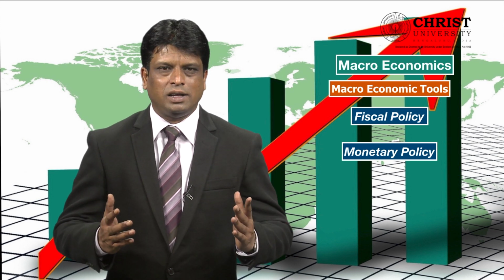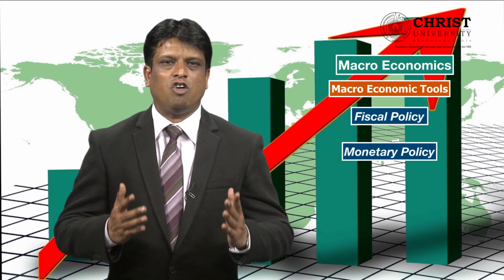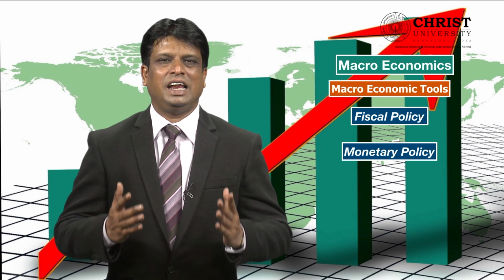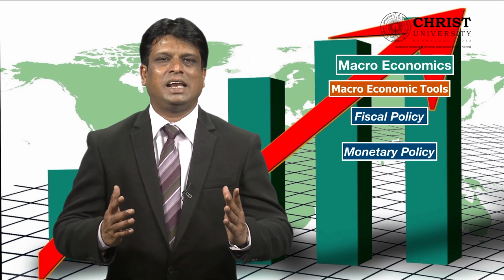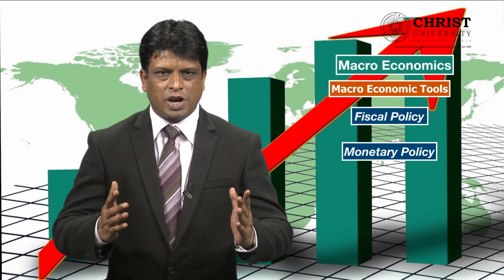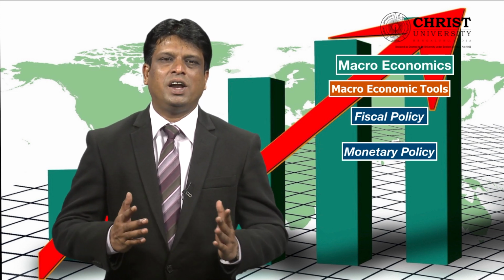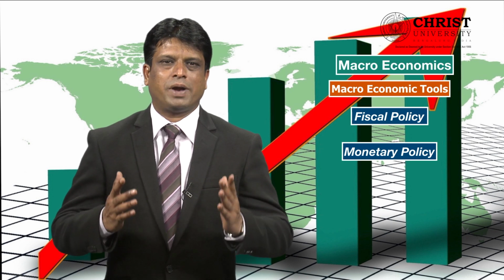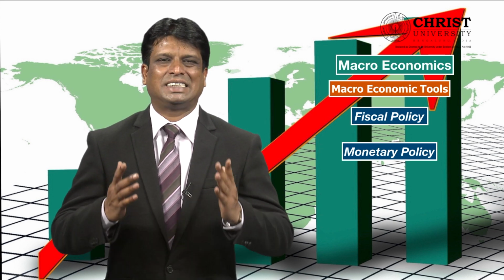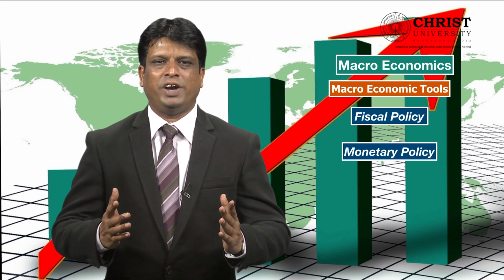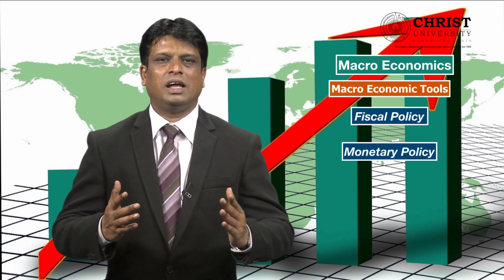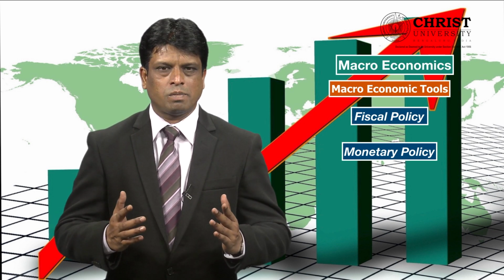We all know that the conduct of fiscal policy in India is primarily the responsibility of the Ministry of Finance and the Government of India, and for the conduct of monetary policy, the primary responsibility rests with the Reserve Bank of India, which is considered the Central Bank of India.